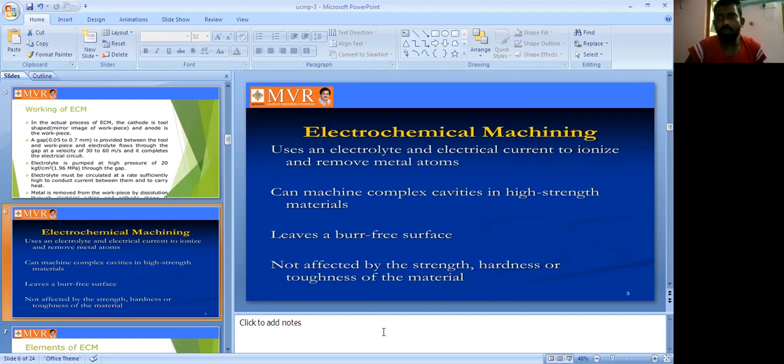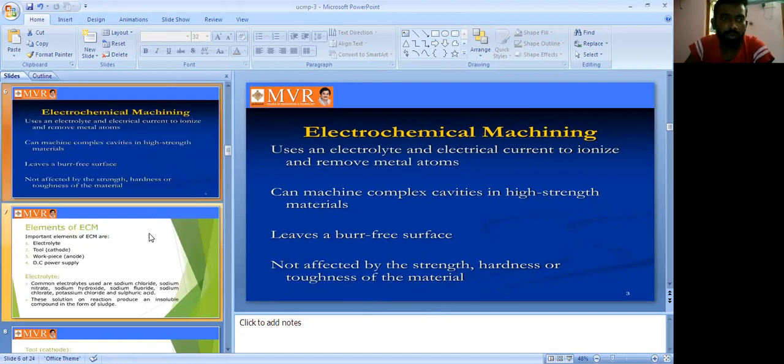The strength and toughness do not decrease, which is the main advantage: the properties of the workpiece are not changed.